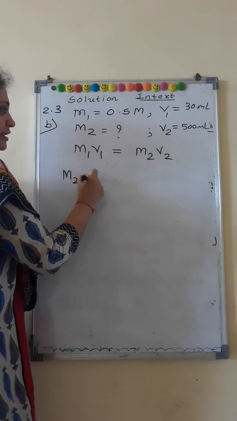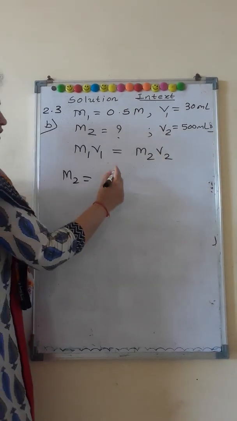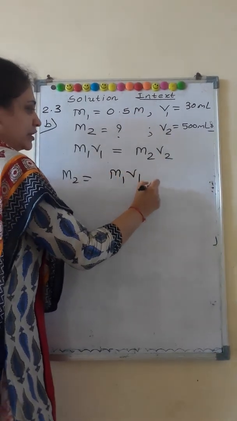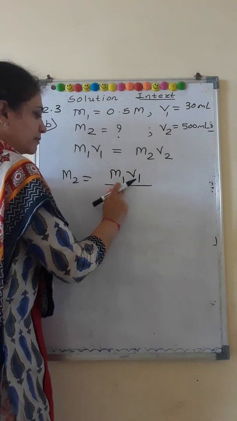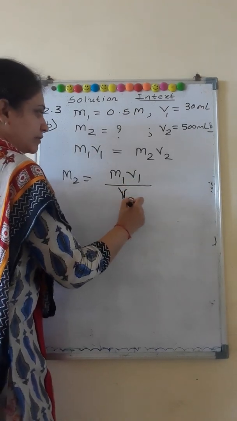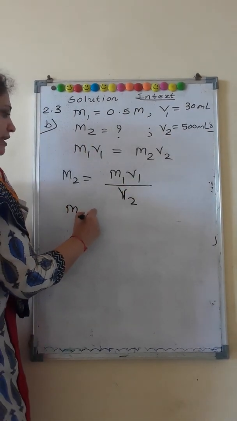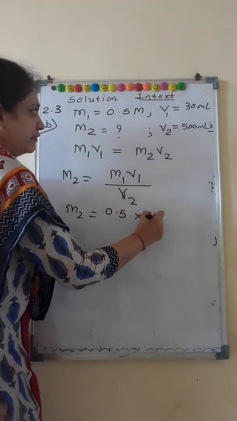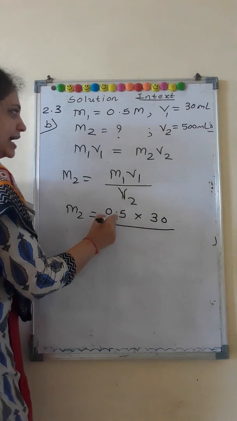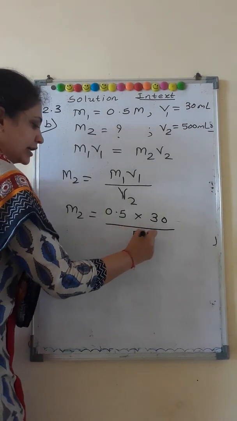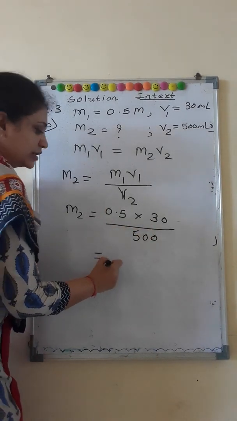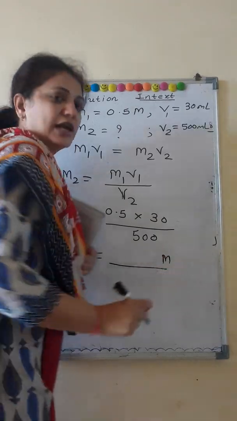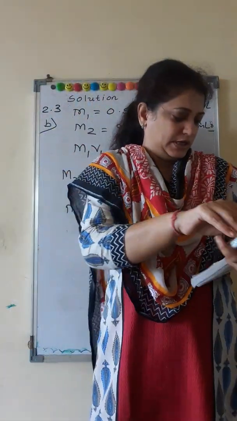So M2 is equal to, we'll shift this V2 here, M1 V1 upon V2. So M2 is equal to, M1 is 0.5, V1 is 30 and V2 is 500 ml. You solve this, you will get your final answer. Okay.